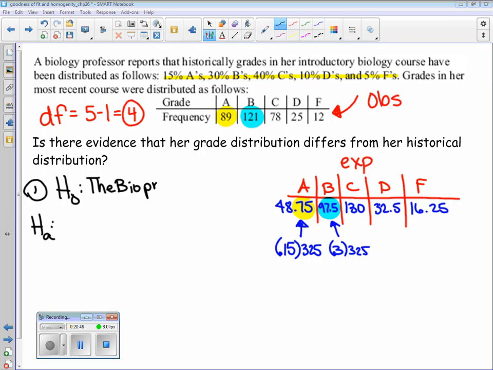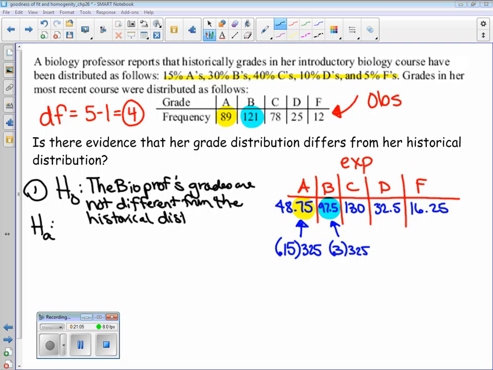So the bio professor's grades are not different from the historical distribution. Okay?